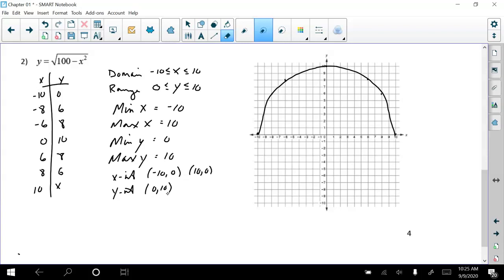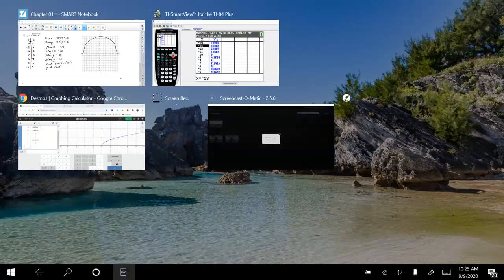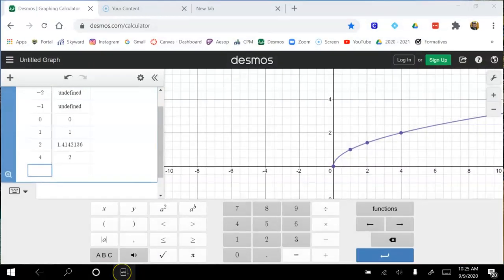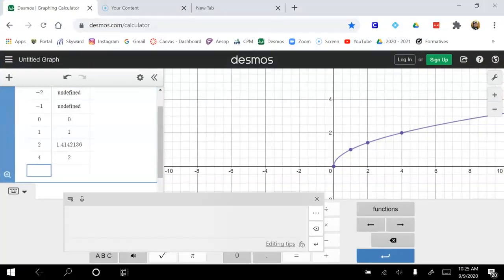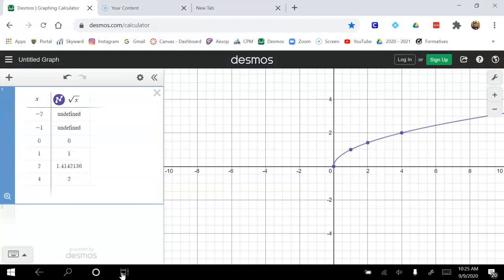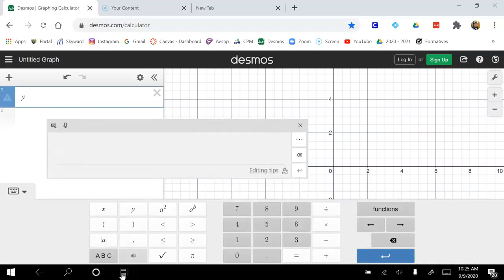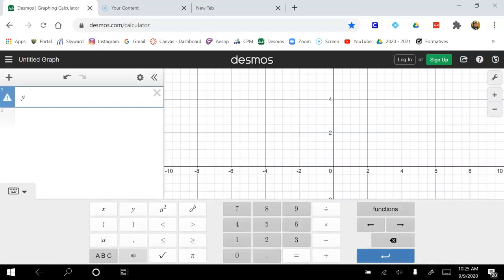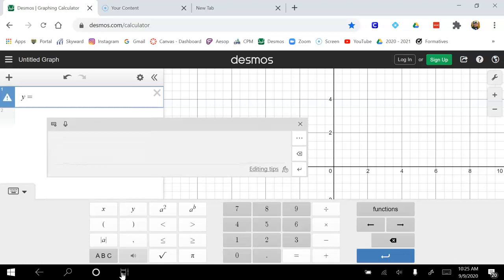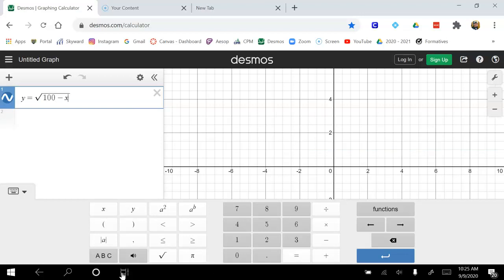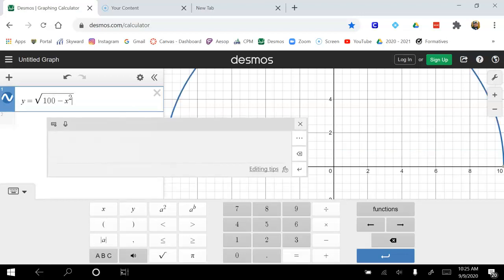Now, just showing you how to type this into the Desmos calculator. Scroll up. I'm going to get rid of that graph. I'm going to type in now here, y equals the square root of 100 minus x squared.